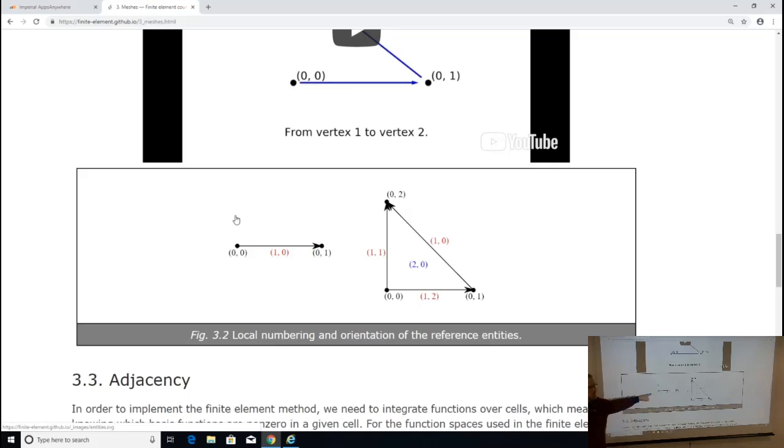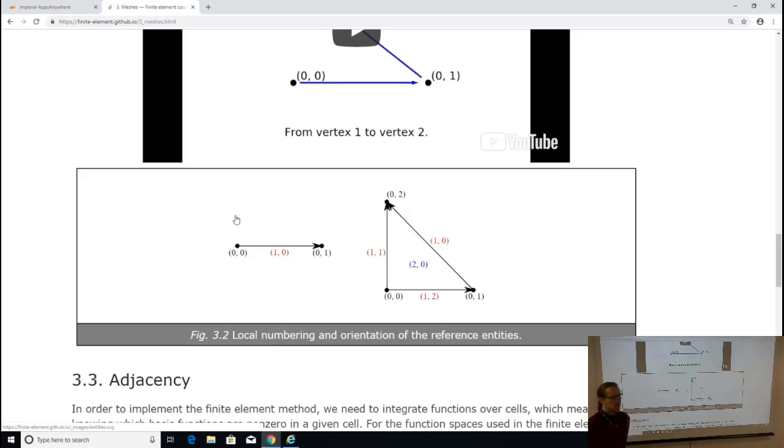So if you are a reference interval, there are 3 entities. 2 of them are vertices, and 1 of them is an edge. So the 2 vertices have numbers (0, 0) and (0, 1), and the edge is the (1, 0) entity. You'll notice there's an arrow on the edge.